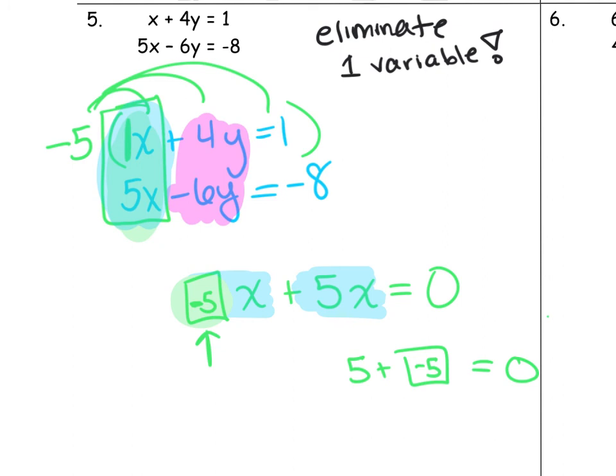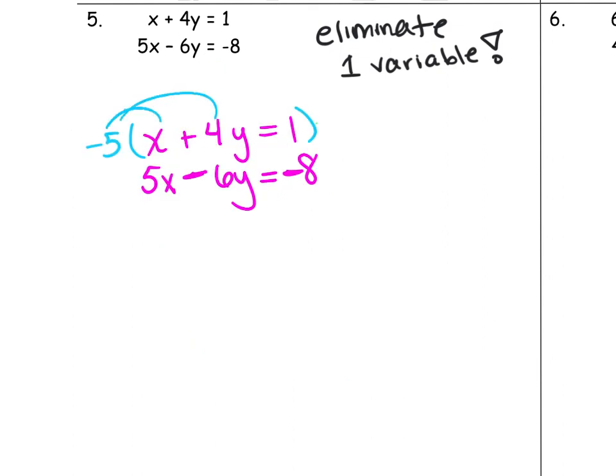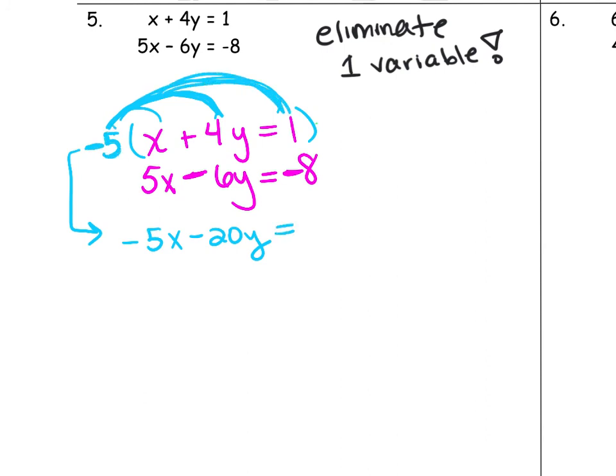So let's do it. Let's distribute. I just rewrote it to make it cleaner. I'm going to rewrite this line now as negative 5x. We have negative 5 times 4y is negative 20y. And negative 5 times 1 is negative 5. Nothing changed with this line, so I'm just going to rewrite it.